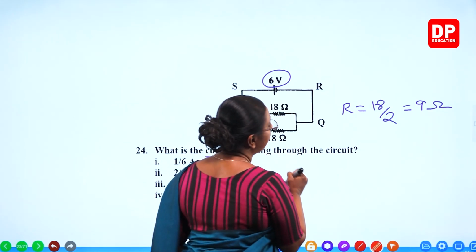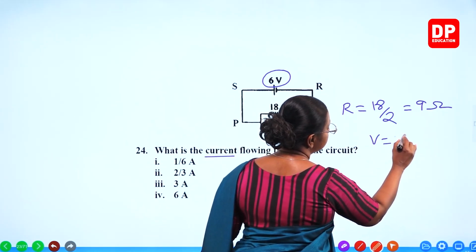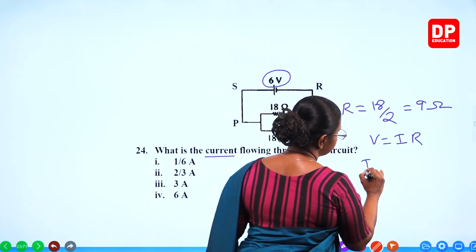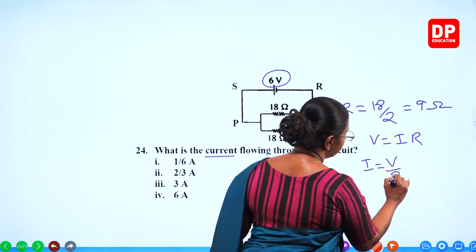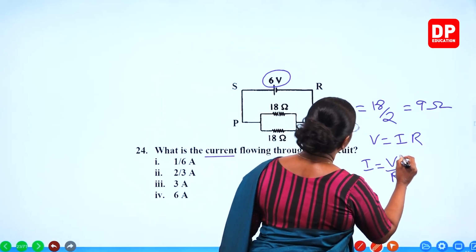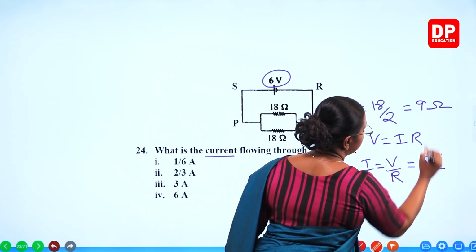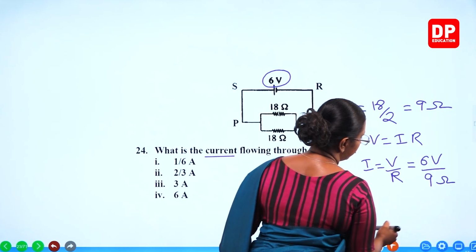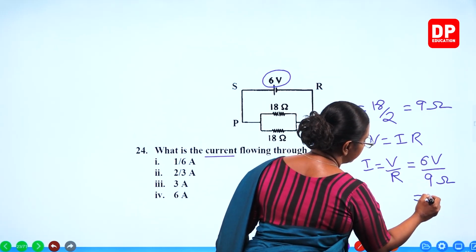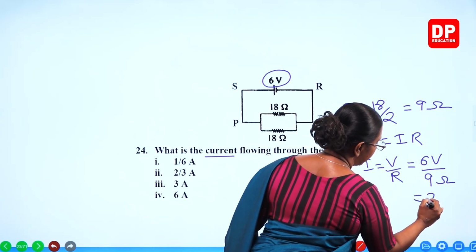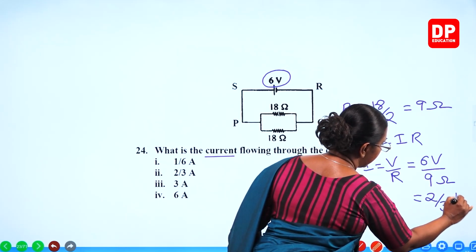Then to calculate current, V equals IR, I is equal to V over R, and that is equal to potential difference 6 volts, and R is equal to 9 ohms. That is 6 over 9. If you simplify, 2 over 3 amperes.